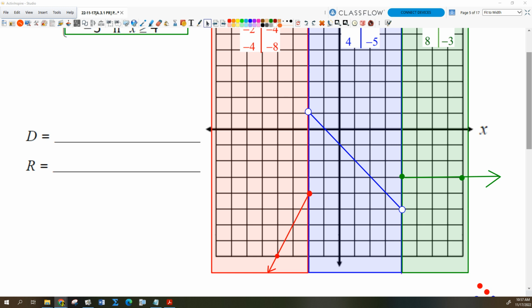Where do the red x values start and where do they stop? If I took that entire infinite red piece, which is actually a ray, it's got an endpoint, but it's going to go forever down and to the left. If I wanted to squeeze all those infinite points onto the x-axis to see what the domain is, what would that look like?